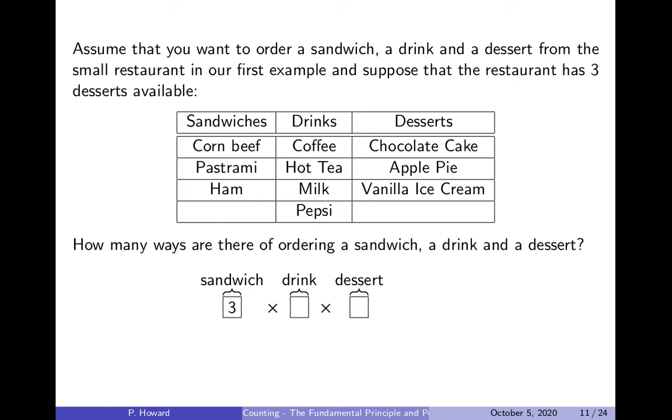The second choice, the drink order, can be made in 4 ways. And the third choice, the dessert order, can be made in 3 ways. Total number of orders is 3 times 4 times 3, 36 possible ways of ordering a sandwich, a drink, and a dessert.